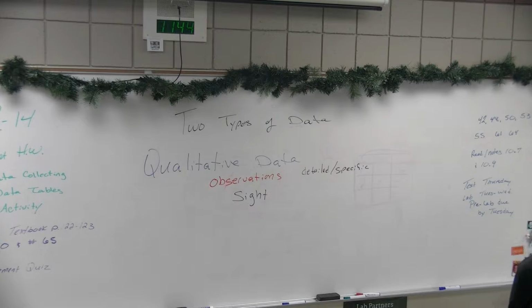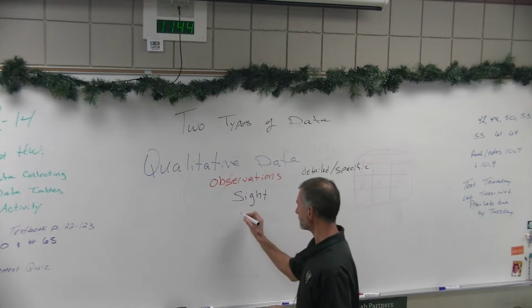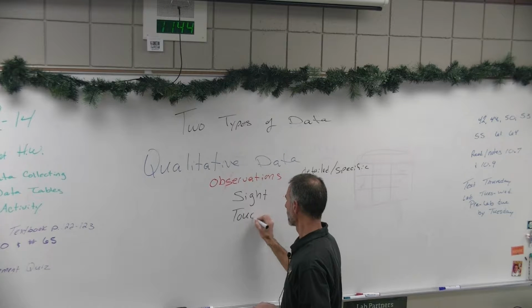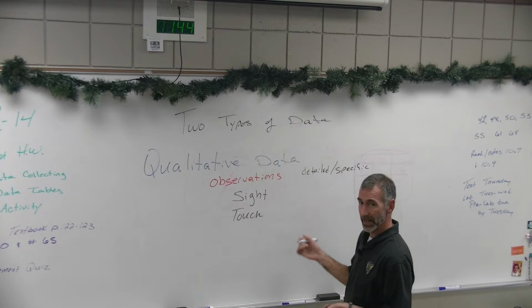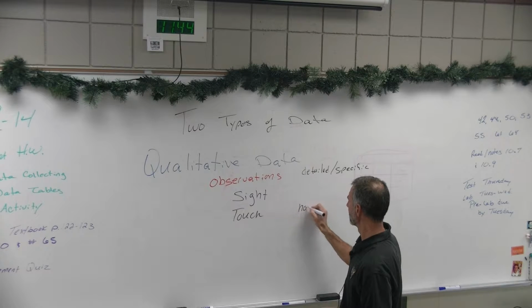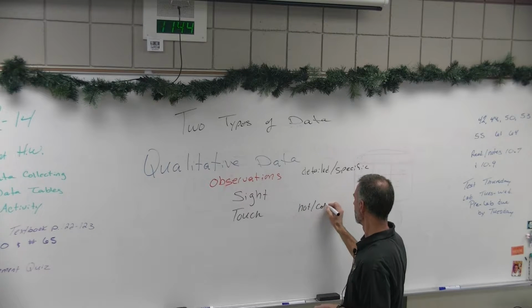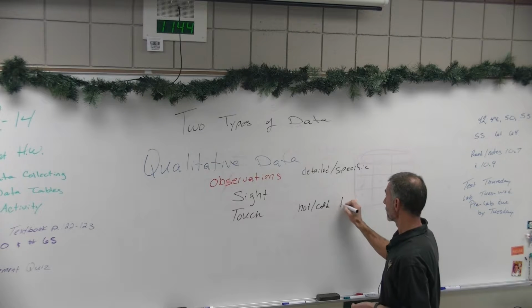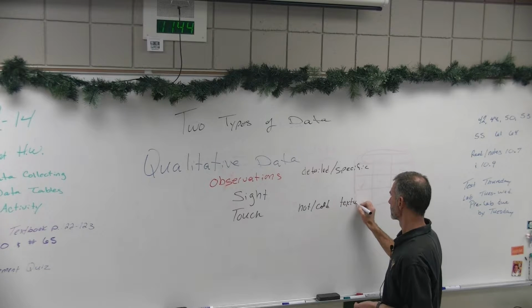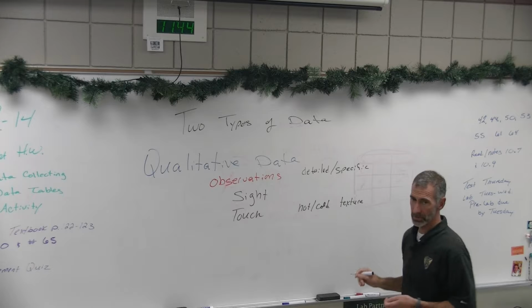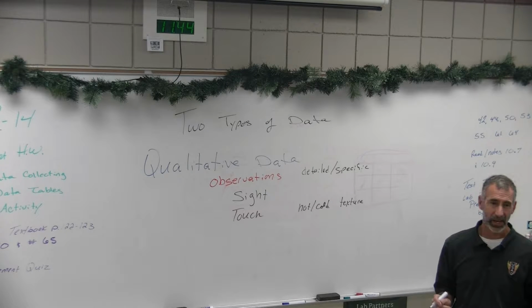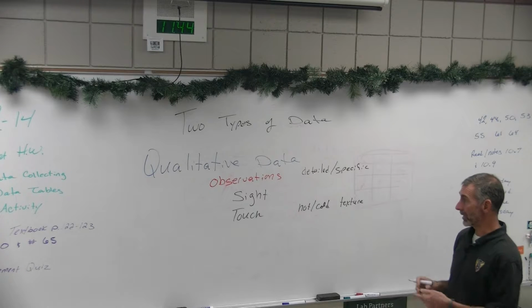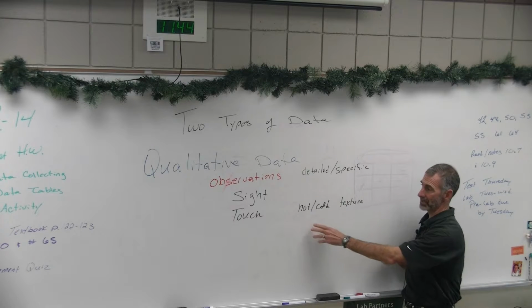Another sense that we use. Touch. Okay, touch. So what can we kind of feel? It could be hot, cold. Look at texture. Is it jagged? Is it sharp? Is it rough? Is it smooth? Soft? And if you want, you can make some comparisons.